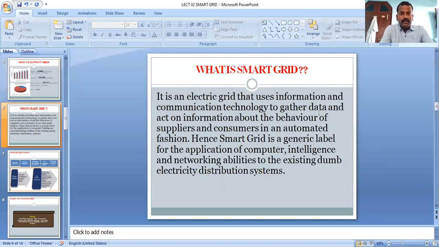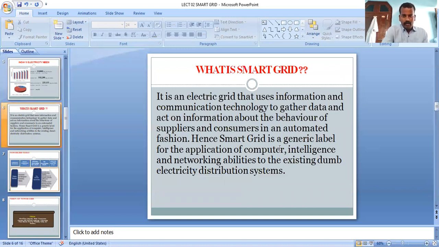But in the case of smart grid, it gathers and analyzes data and communicates. There was a communication technology to communicate the situation of the load end to the control center, which analyzes the situation, and if it is okay, it continues to deliver the power to the load.